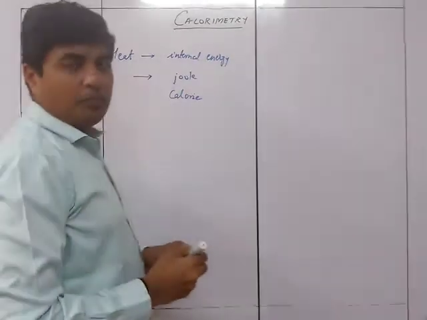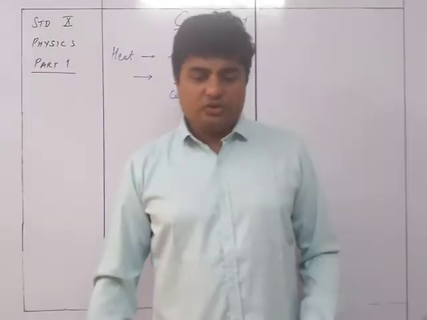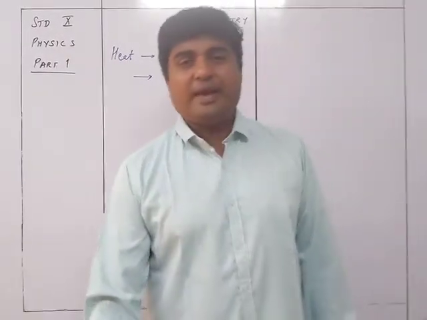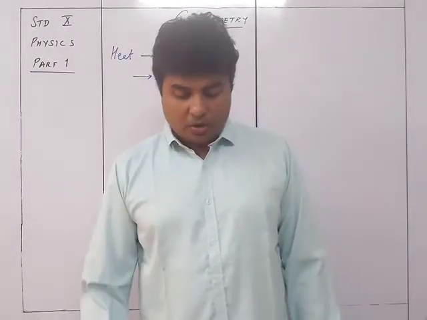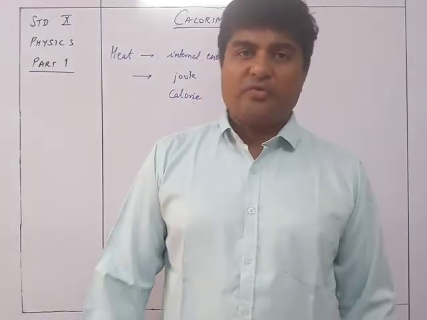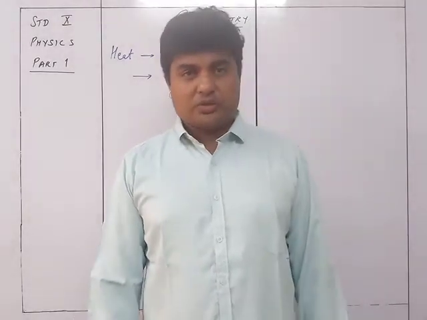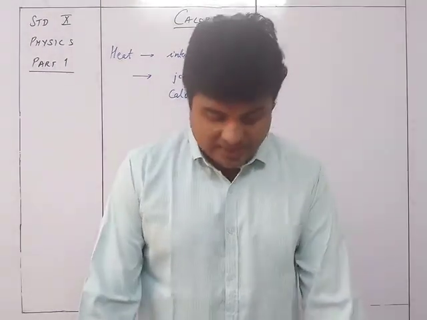Calorie and joule both are units of heat. Joule is the standard unit of any energy. At the same time, because heat is a different form of energy that you can measure in a different manner, you have this special unit for heat, that is calorie.